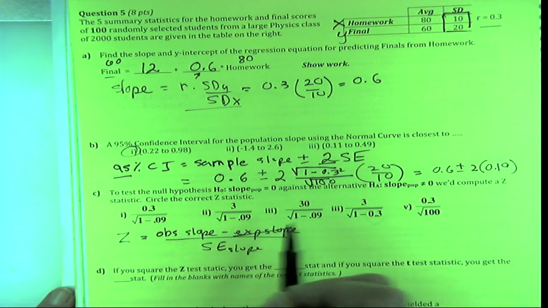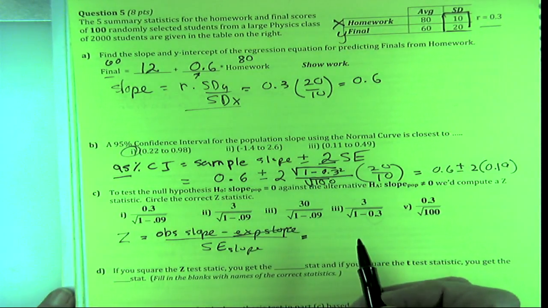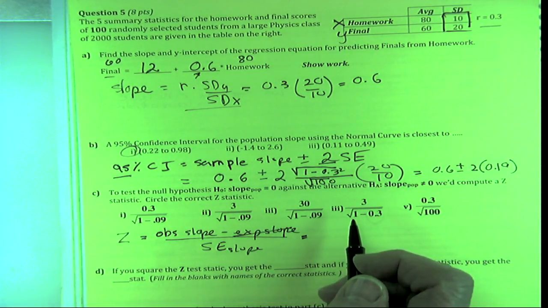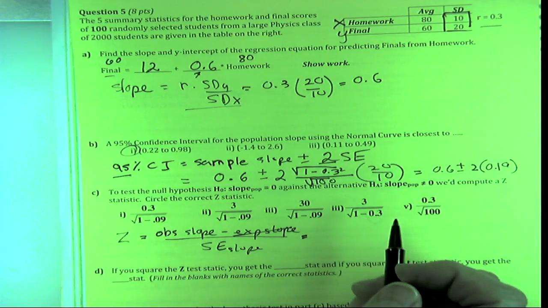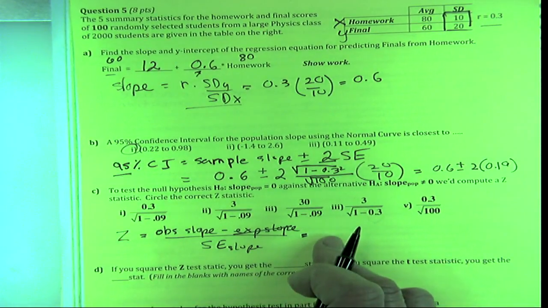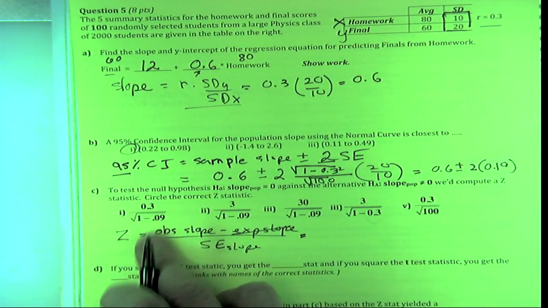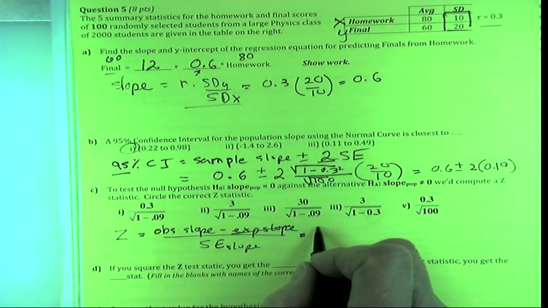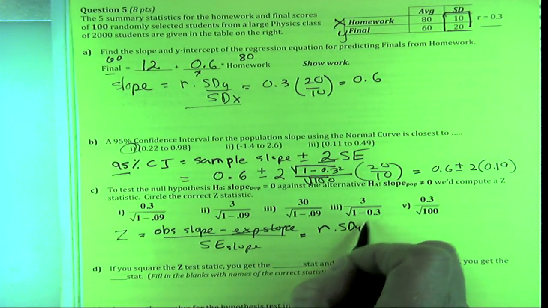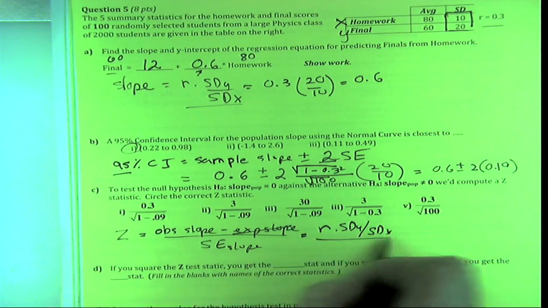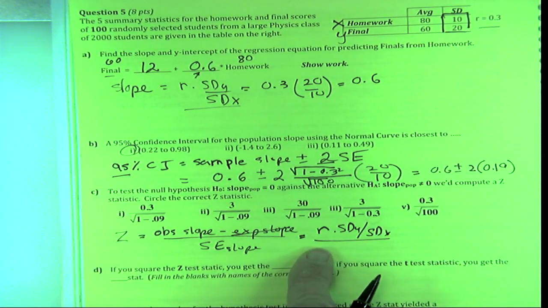We know the expected slope is 0 here. Maybe I should just write it, get the formula here. Our observed slope is r times s dy over s dx. And then I can just copy our standard error for the slope.